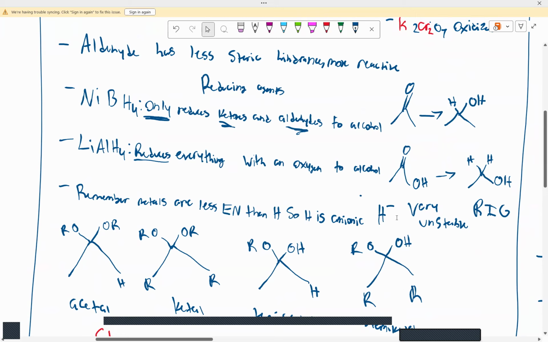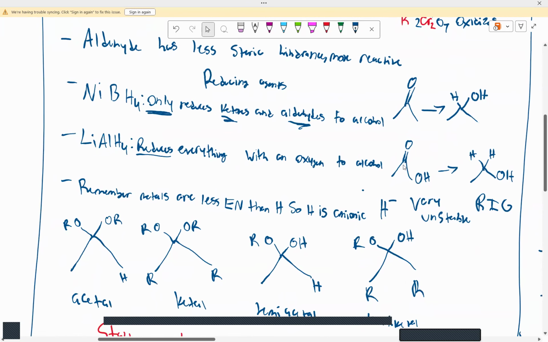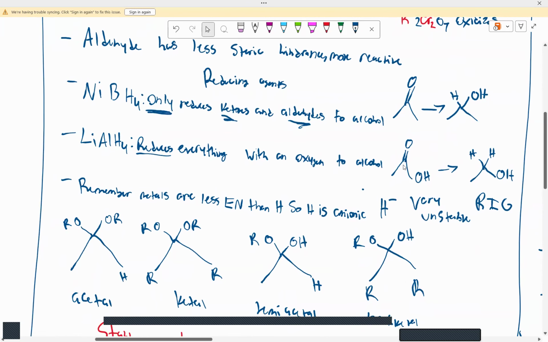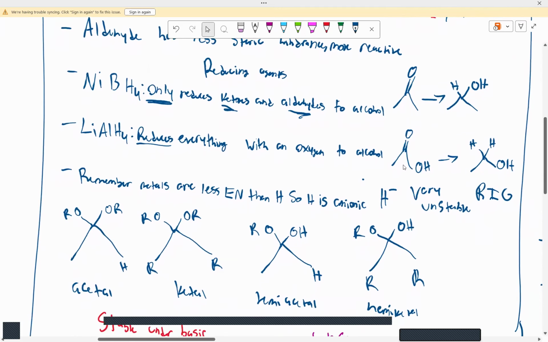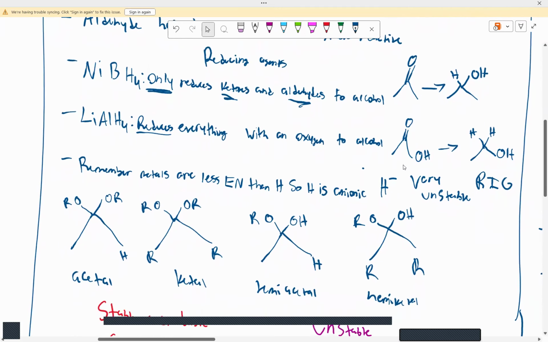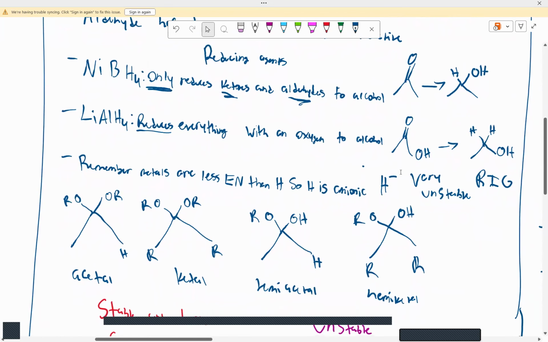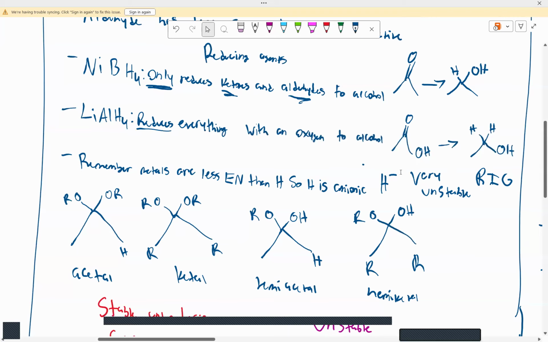It'll react with something that will readily take its electrons, which is those oxygen groups, or the alpha carbon on the carbonyl. Anything that's partially positive will take that. Since positive and negative attract, and that alpha carbon has a partial positive charge.